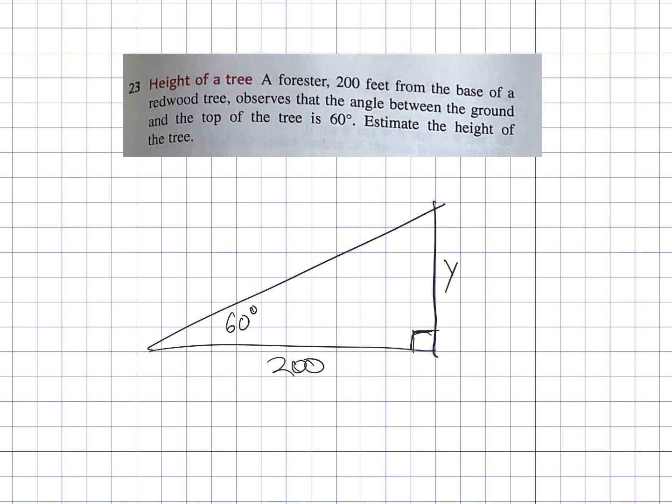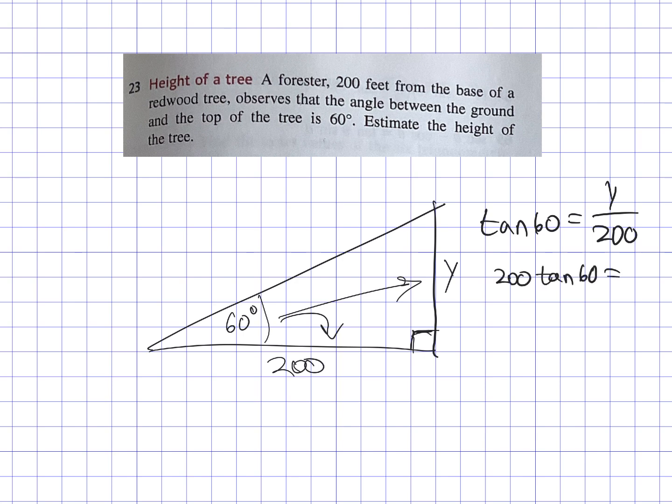Okay, pretty simple. What have we been given? From this angle, that's the opposite leg and the adjacent leg. That would be the tangent. So the tangent of 60 is equal to the opposite over the adjacent. So 200 times the tangent of 60 equals y. The tangent of 60 is going to be the long leg over the short leg.